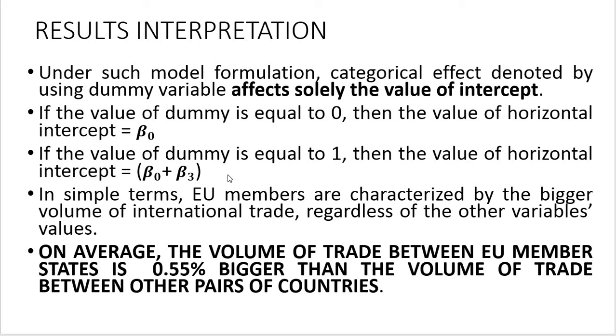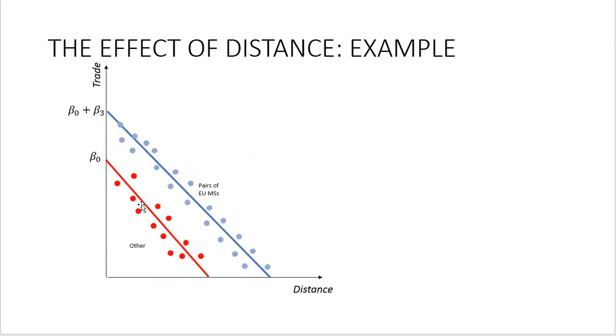In simple words, it means that European Union members are characterized by a bigger volume of international trade, regardless of other variable values. So if we analyze the relationship between geographical distance and trade, then this will be the regression line for pairs of countries in which not both countries are European Union members, and this is the regression line for countries which are both European Union members.